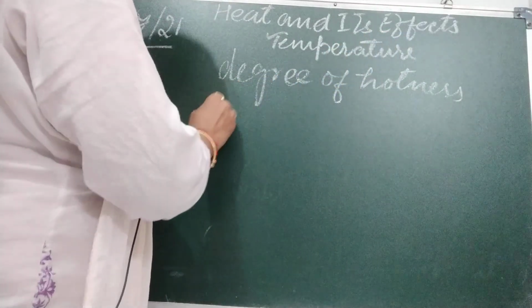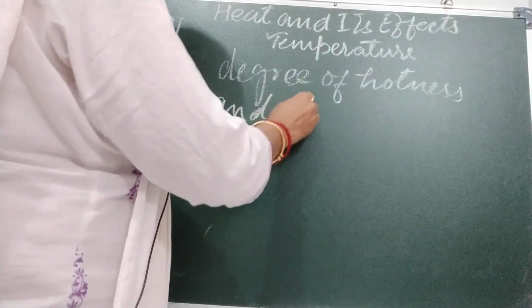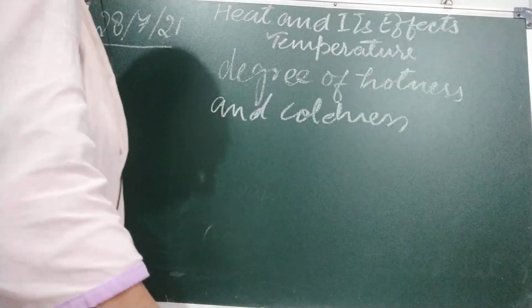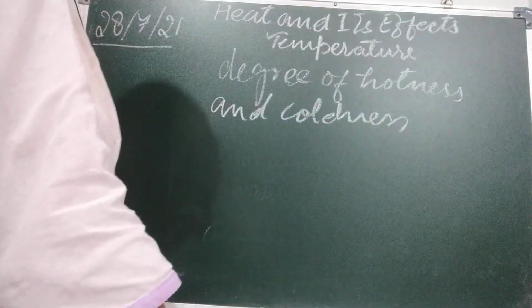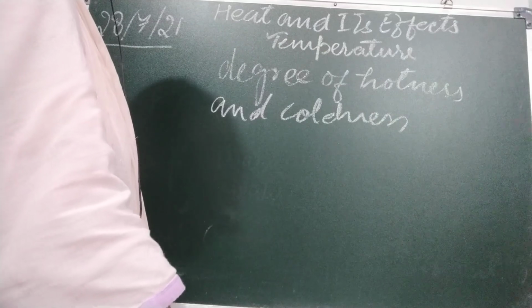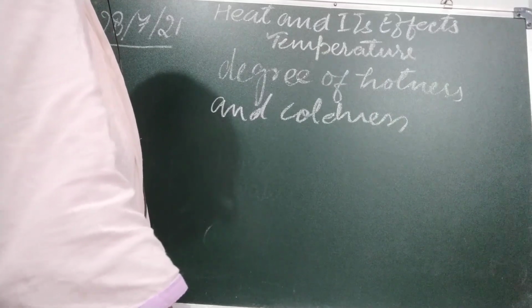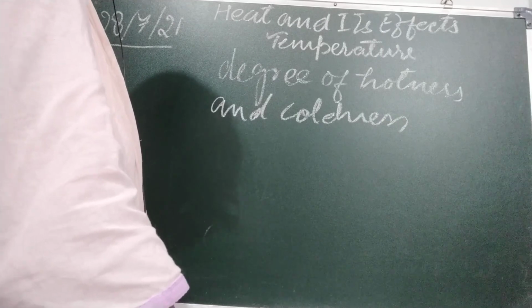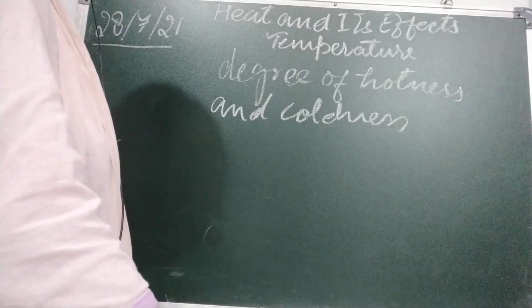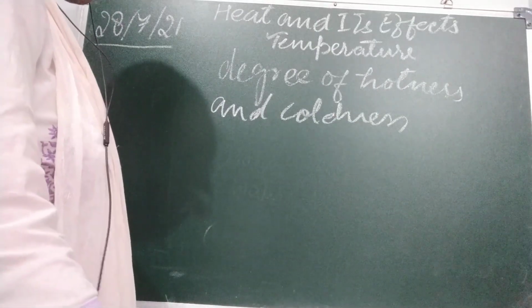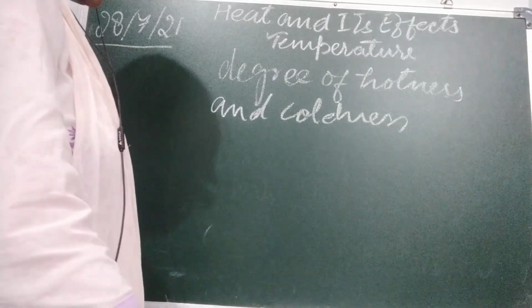We can measure the degree of hotness or coldness by comparing it with the standard unit that we all agree upon. The degree of hotness or coldness of an object on some chosen scale is called its temperature.